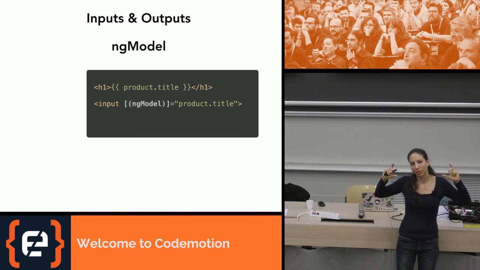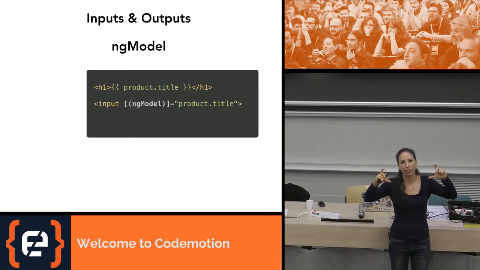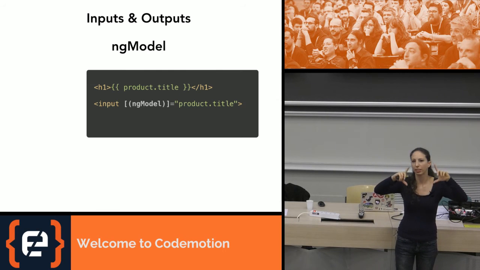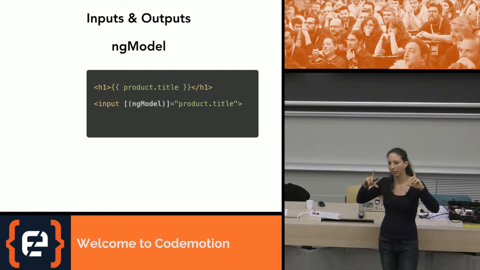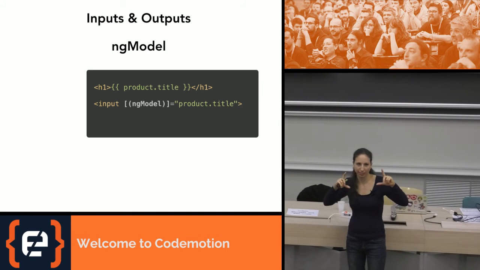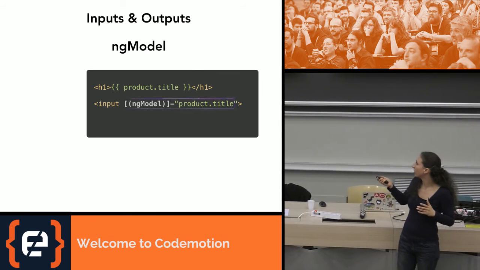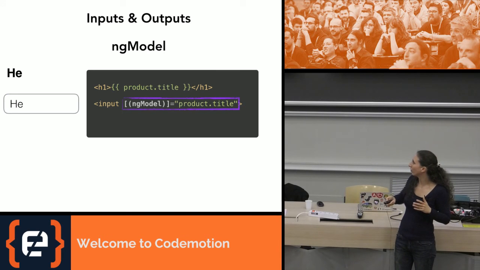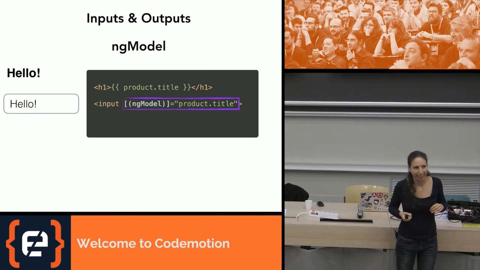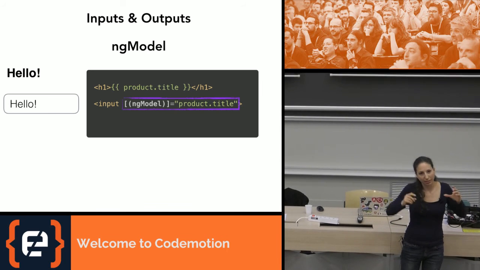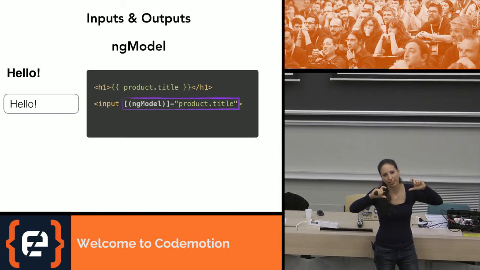So we just use the two types of brackets, the square brackets and the parentheses together. And the result will be two-way binding, just like we know in Angular 1. But the order of the brackets is important.